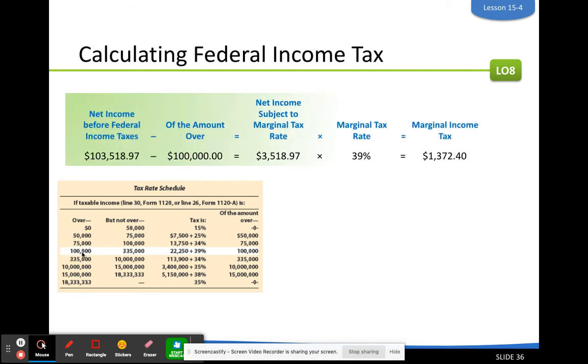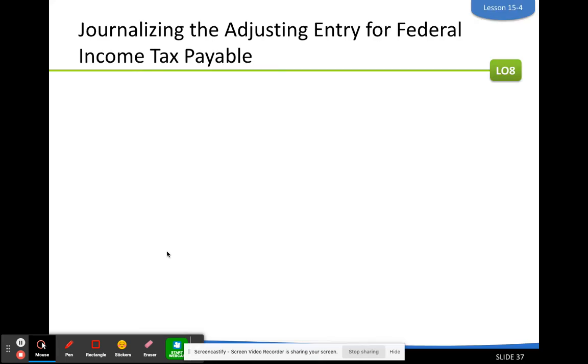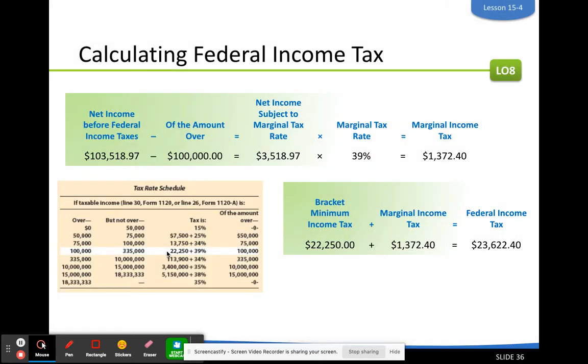So our net income before federal income tax is $103,000, minus the amount over $100,000 gives us $3,500, and we take that amount times 39%. So that gives us our marginal income tax. We take that amount plus the $22,250 given here in the bracket to calculate our federal income tax. Total federal income tax, $23,622.40. That is the balance that we should have for federal income tax expense in our ledger.